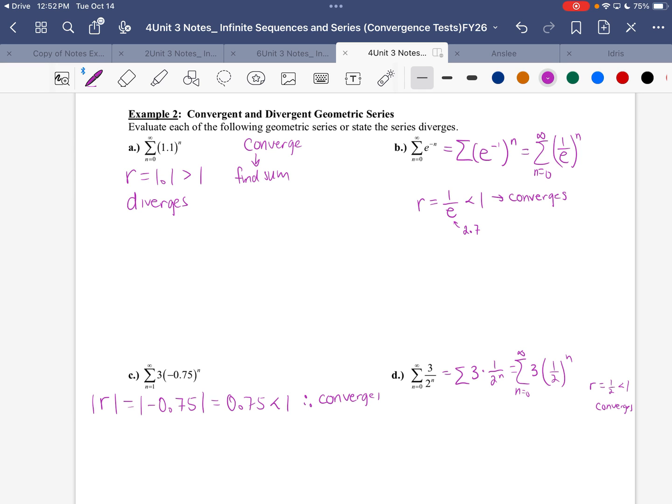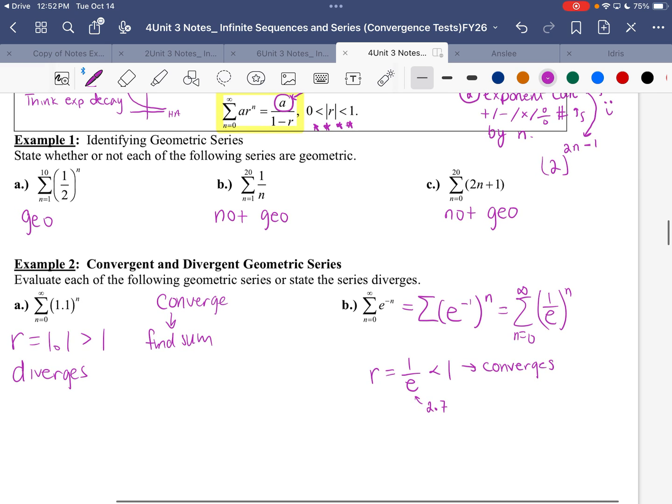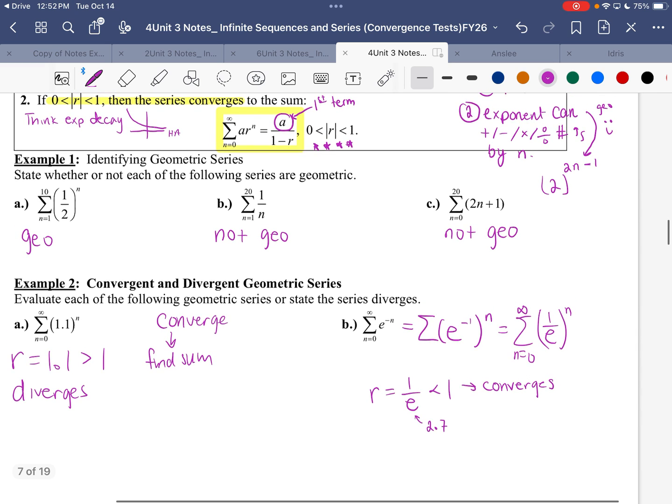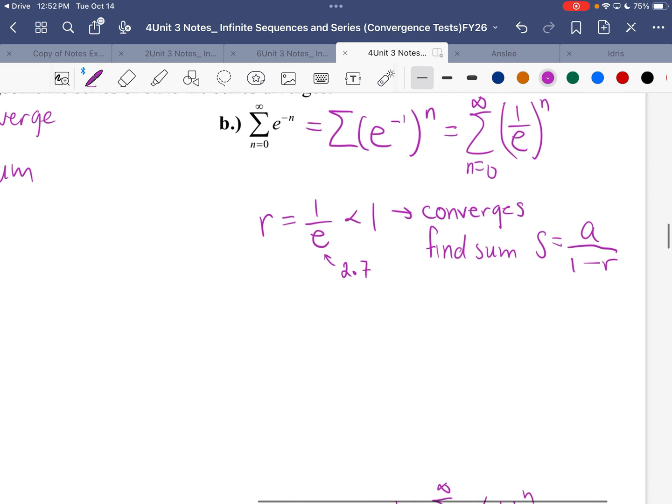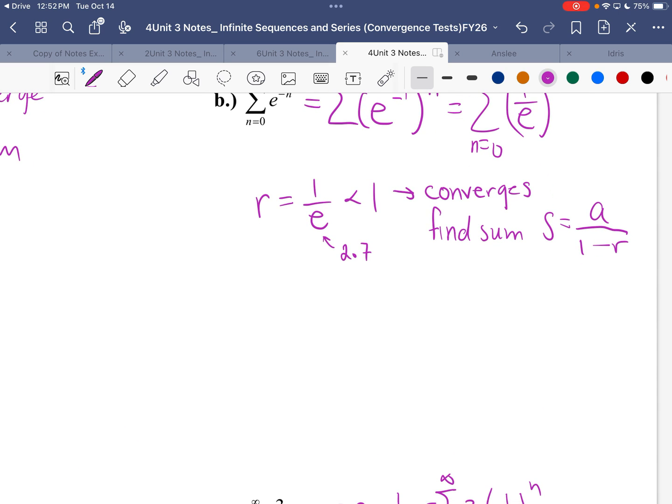Okay, so I'm going to show you how to deal with the sum for B. So on B, the sum is a over 1 minus r. Some of our friends are not so good at the algebra, so we're going to go nice and slow and show you all of the algebra steps.